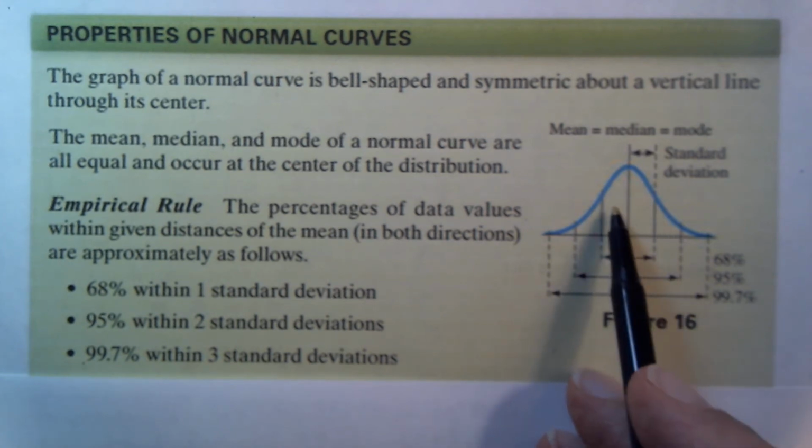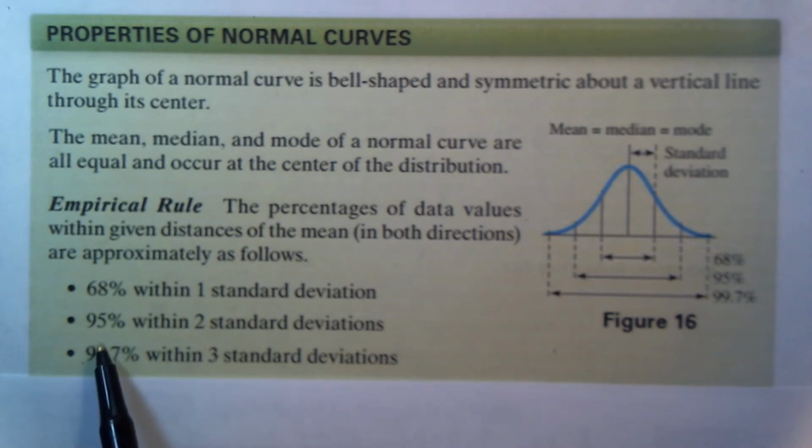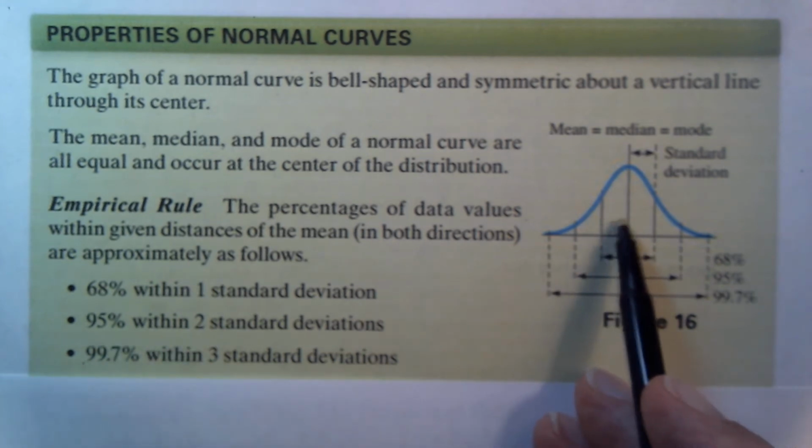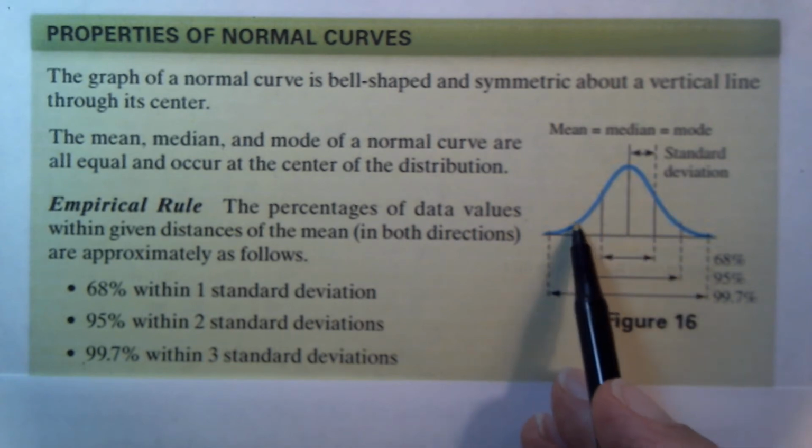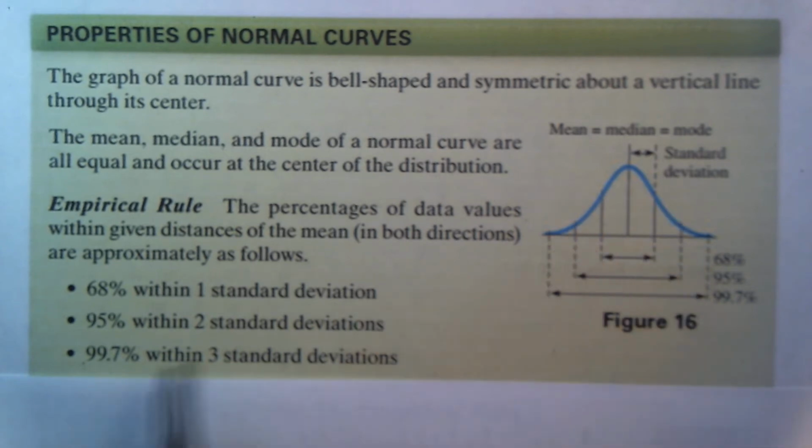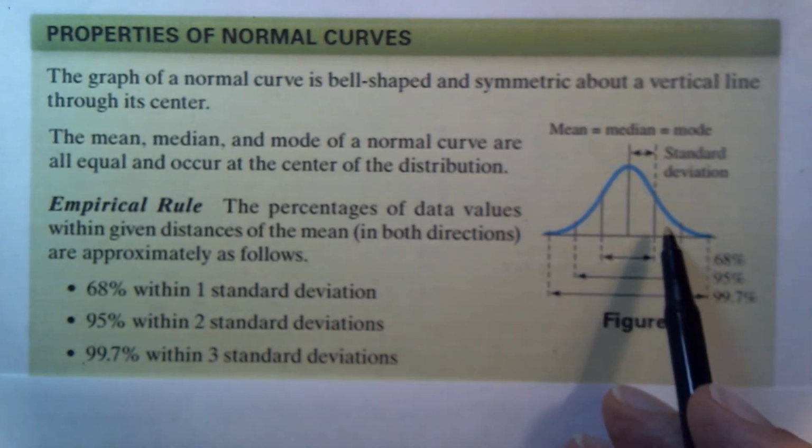Okay, so that's all something you have to remember. And it's 95% within two standard deviations to the right and two standard deviations to the left. And you have over 99%, 99.7%, within 3 standard deviations to the right and to the left.